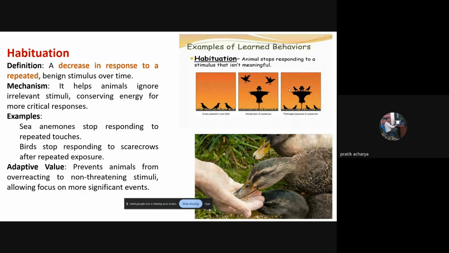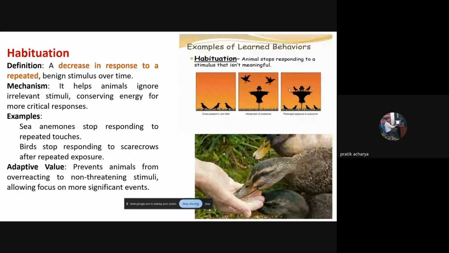Again, I am saying the definition describes the decrease in response to a repeated benign stimulus over time. A benign stimulus means the stimulus is fixed to a confined area, so you get that stimulus repeatedly, one time after another.